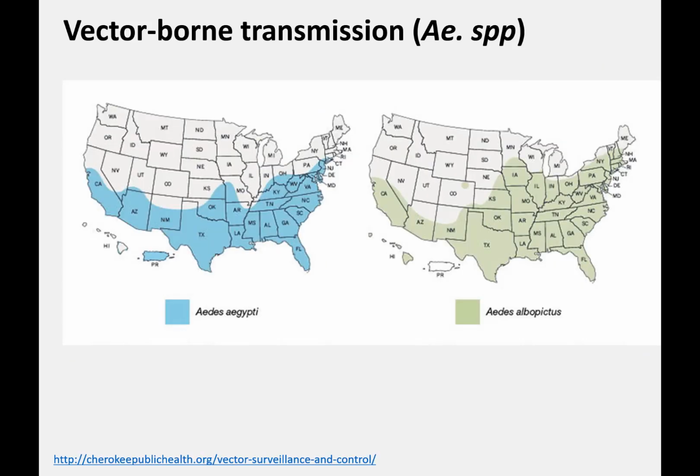This is showing you the range right now of these two in the US. So in Colorado, not a lot of the Aedes aegypti, but definitely getting some Aedes albopictus.